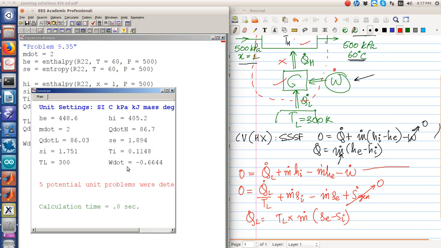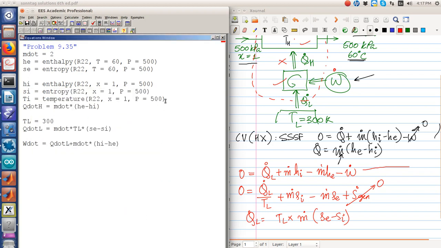So the work input required is minus 0.6644. This is the work done on the system. So this work done should obviously be equal to QH minus QL, but I leave that up to you to think. But this is how you perform the calculation.